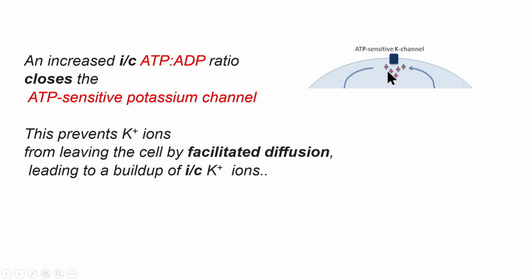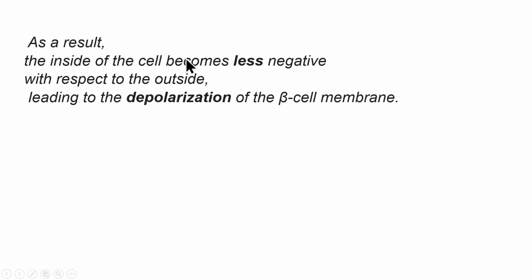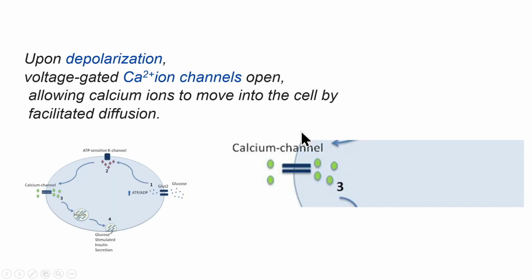This condition is called depolarization of the cell, and this will cause the inside of the cell to become less negative with respect to the outside, leading to the depolarization of the beta cell membrane.